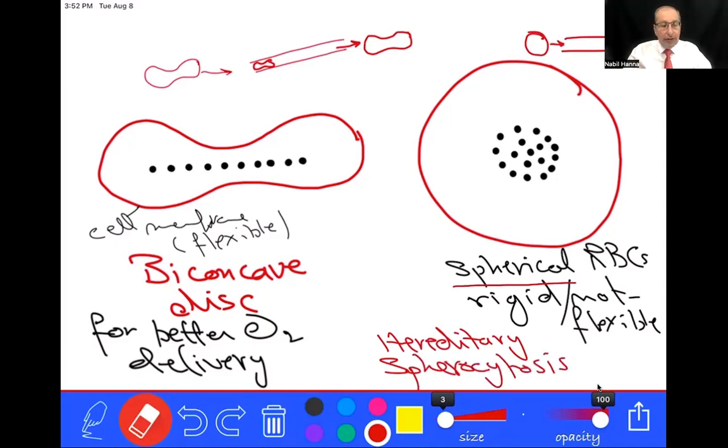So hereditary spherocytosis is a hemolytic anemia in which the red blood cells are spheres and their cell membrane is rigid, and they hemolyze when they try to pass through tiny capillaries. And actually, the organ in the body that has the smallest capillaries ever is the spleen. This is where most of the hemolysis occurs. And this is hereditary spherocytosis or congenital spherocytosis.